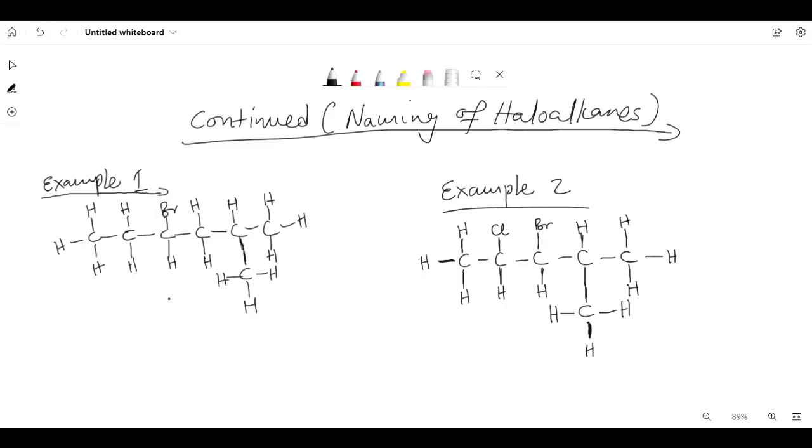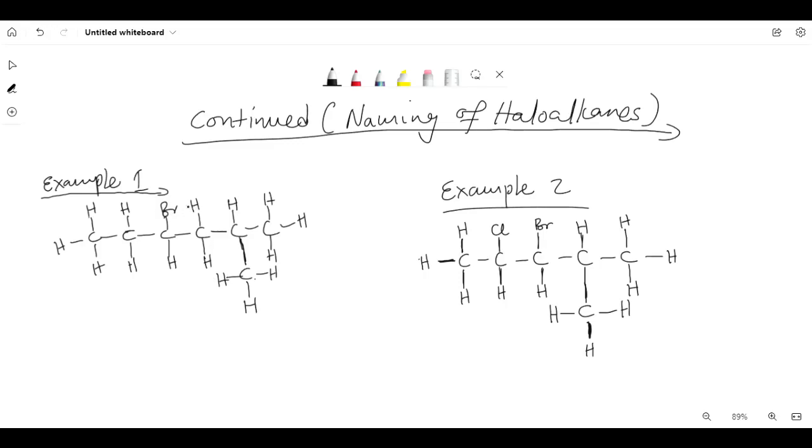And in some other situations, the halogen will be preferred over the alkyl group. In this situation, the alkyl group is preferred over the halogen. Why? Because the alkyl group is closest to the nearest end carbon, carbon number 1, as compared to that bromine.